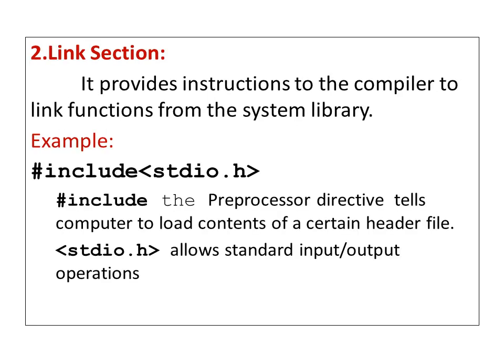Next we have the link section. It provides instruction to the compiler to link functions from the system library. Look at the example: #include <stdio.h>. The #include preprocessor directive tells the computer to load the contents of a certain header file.